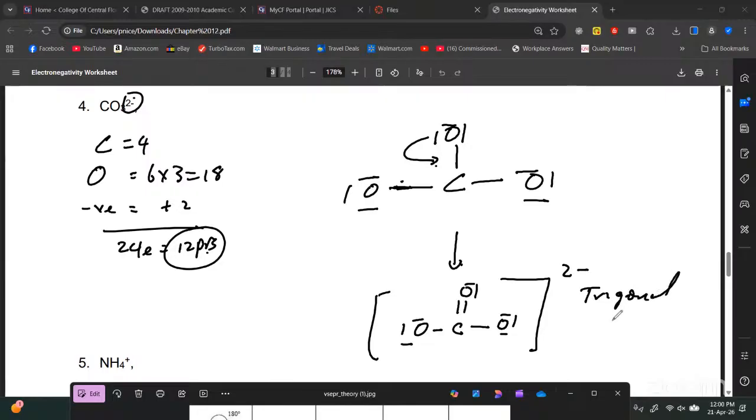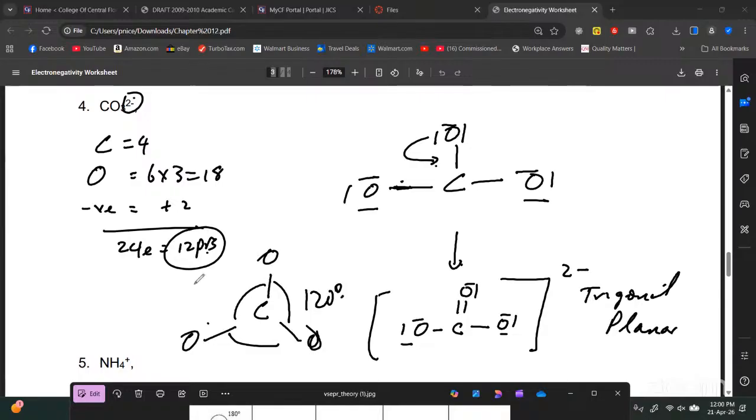All right. So if the shape is trigonal planar, then what would you expect the polarity of the molecule to be? You sure about that? Trigonal planar is this right here. These atoms are identical, so this is a perfectly symmetrical shape where the bond angles are 120 degrees.